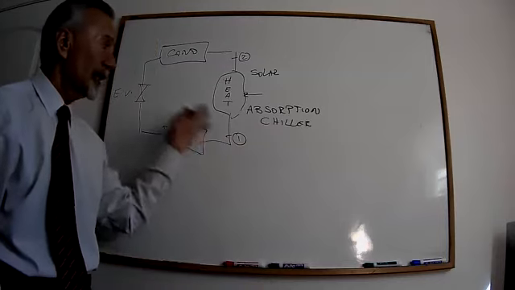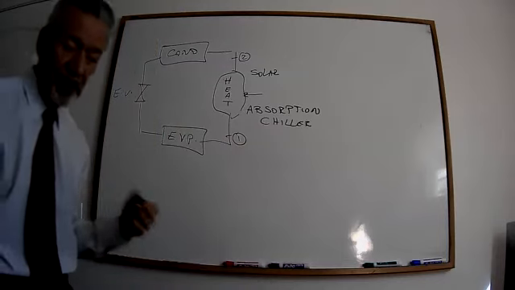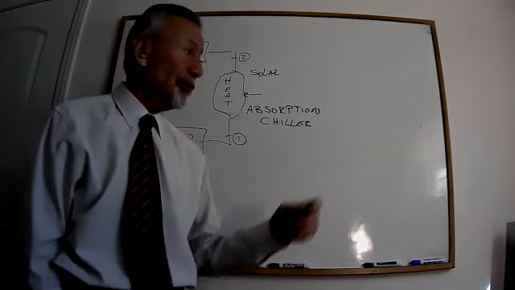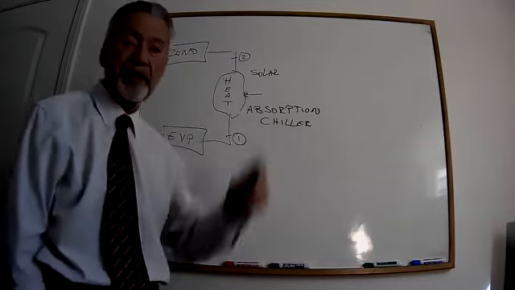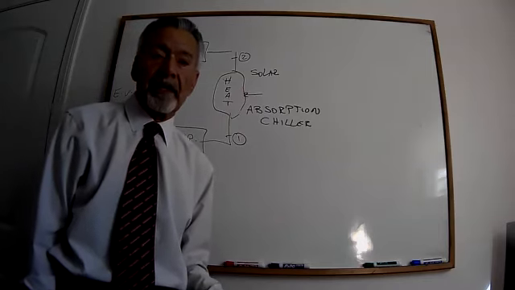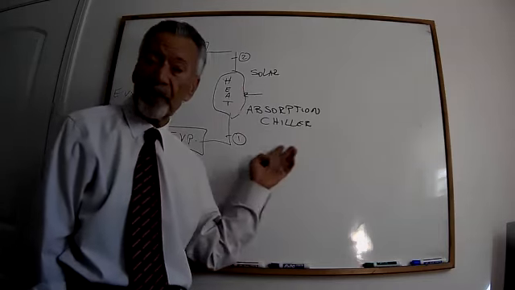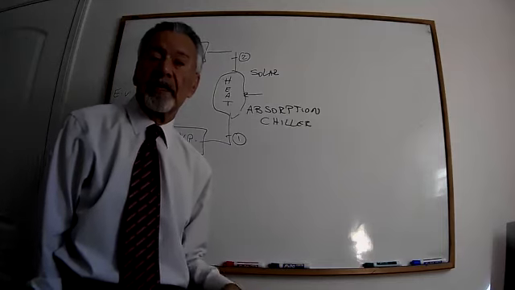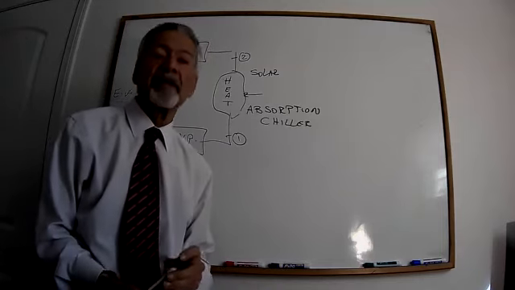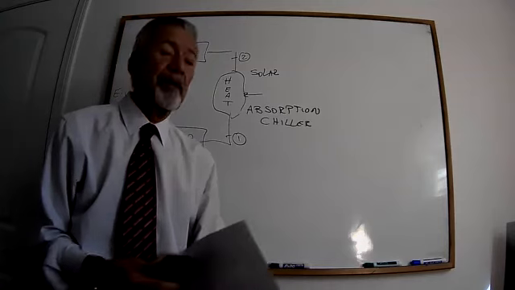So that has a lot of applications. We use a lot of it in major universities. Same, Cal State Long Beach has a cogen with absorption chiller. A lot of hospitals are using that. So that cogeneration that we were talking about, you see how important it is.